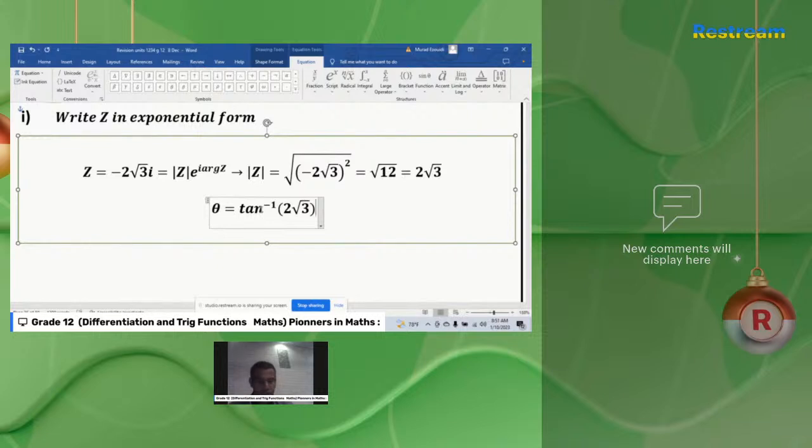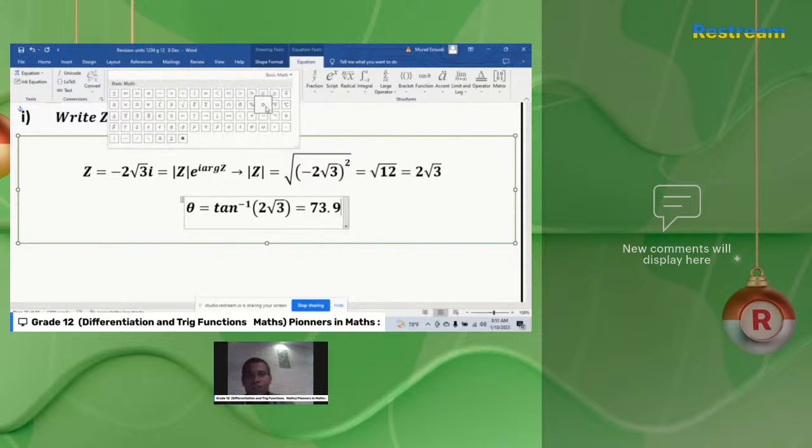So it will be approximately 73.9 degrees.